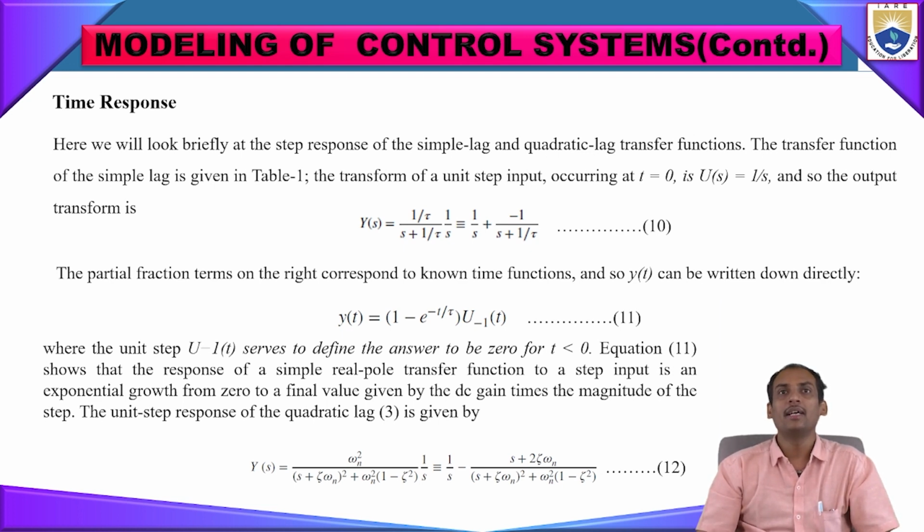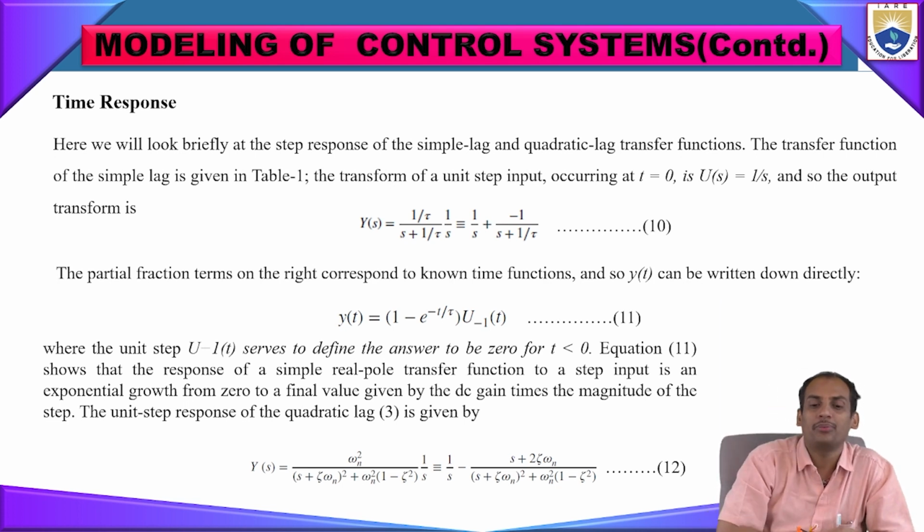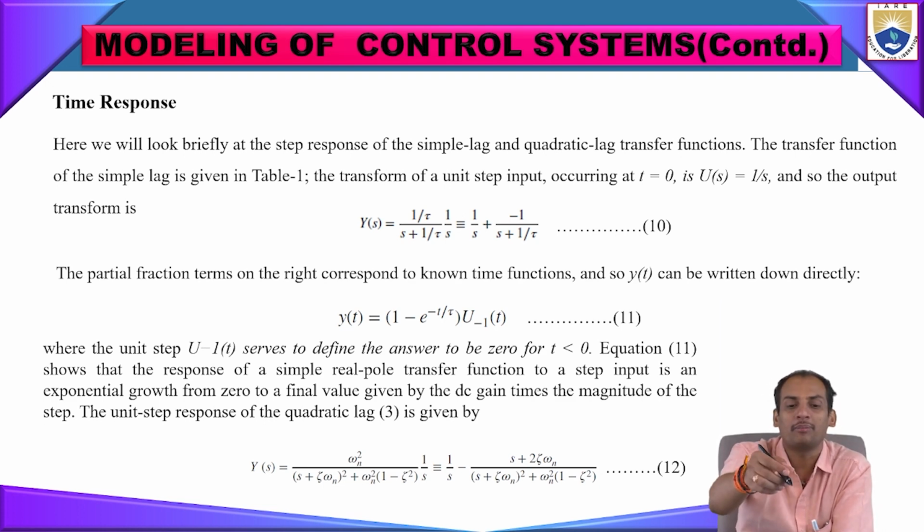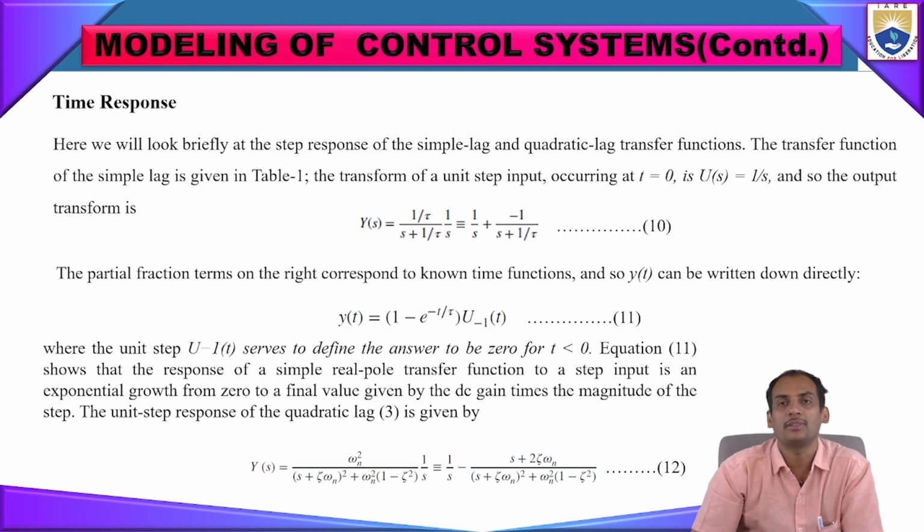Here you consider that equation: Y of s will be equal to 1 by tau by s plus 1 by tau, into 1 by s. That we make into partial fractions: 1 by s minus 1 by s plus 1 by tau.